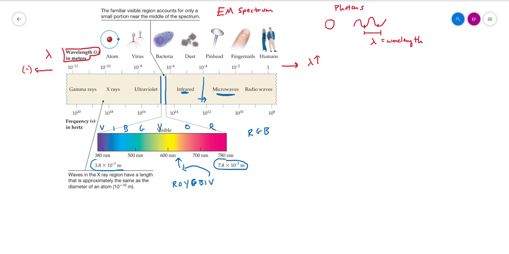So a microwave is tuned to deliver a particular photon wavelength, so it's got an exact wavelength that corresponds to water molecules and what water molecules need to absorb to cause them to rotate really fast in solution. And that's the whole basis of how a microwave oven works.